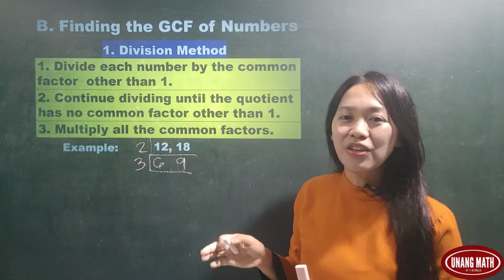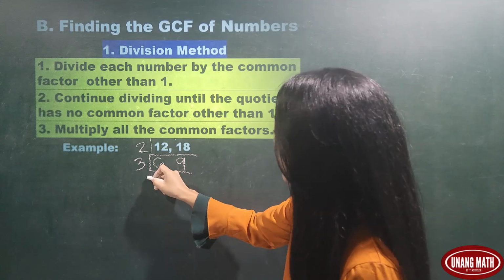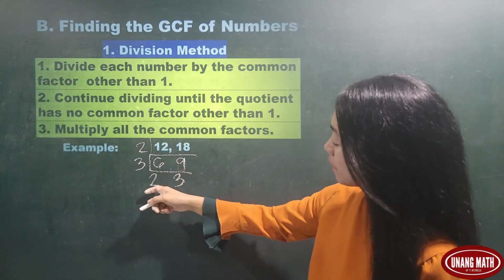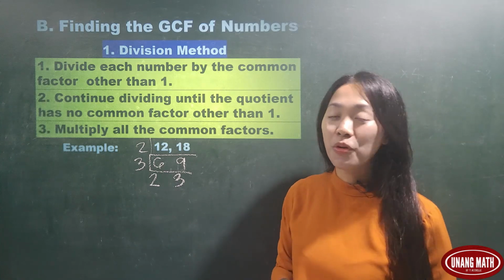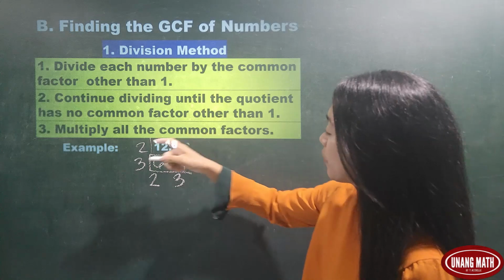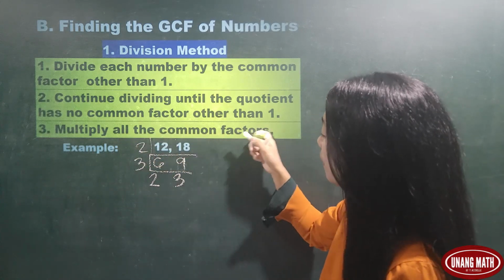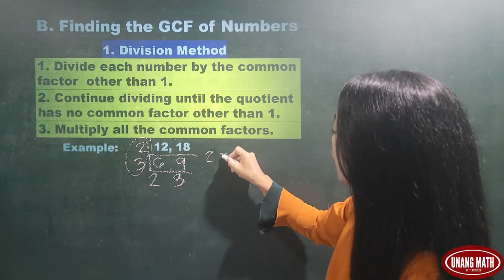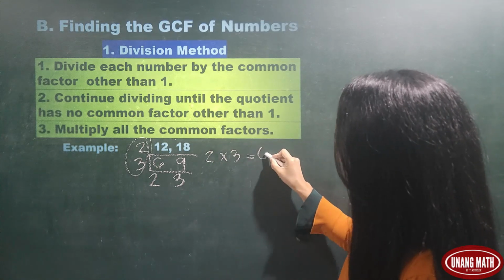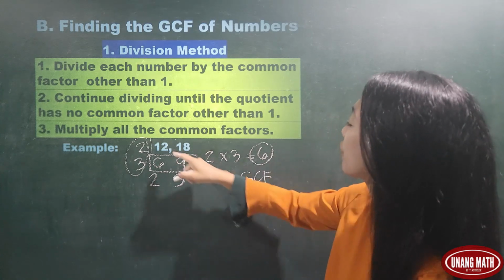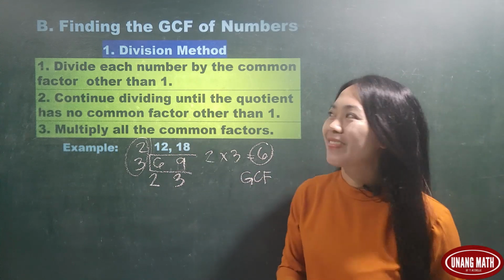So let's continue dividing. 6 divided by 3 is 2. 9 divided by 3 is 3. This time, 2 and 3 have no more common factor other than 1. Third step, we will multiply all the common factors. So what are the common factors? 2 and 3. So 2 times 3, the answer is 6. 6 is the GCF of 12 and 18.